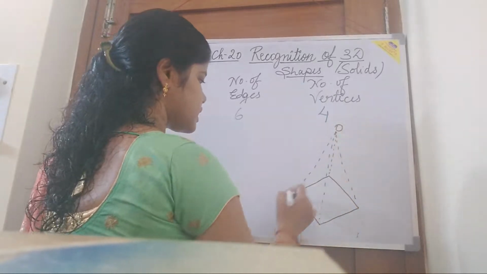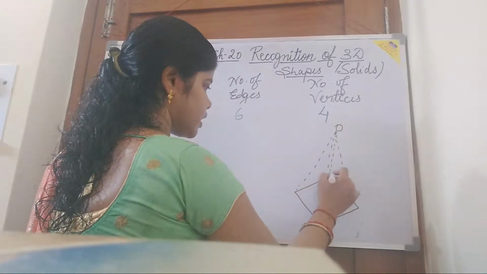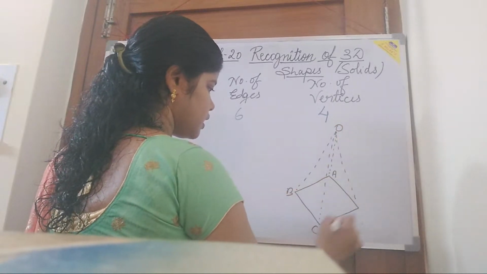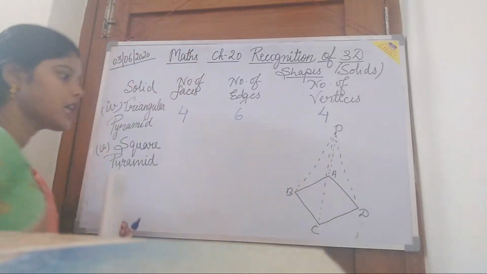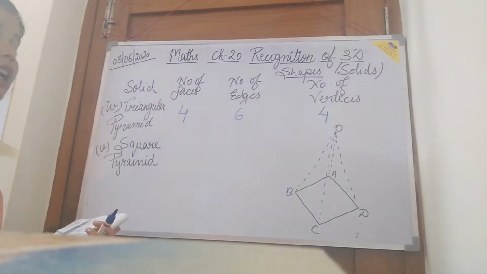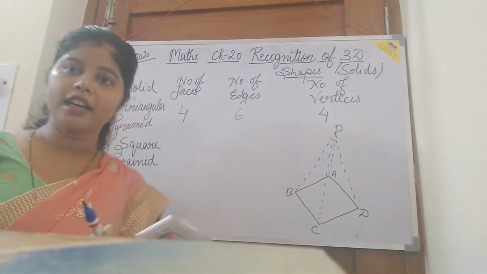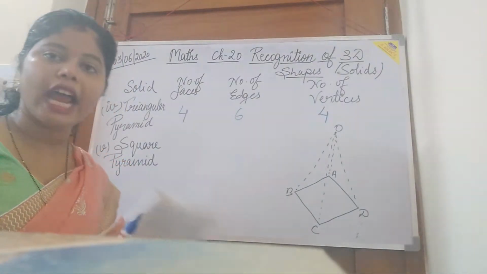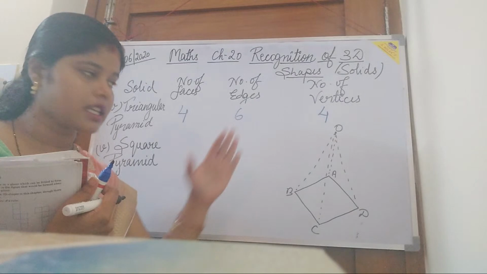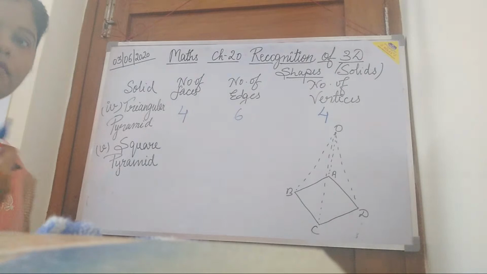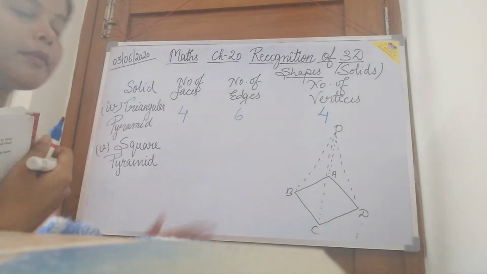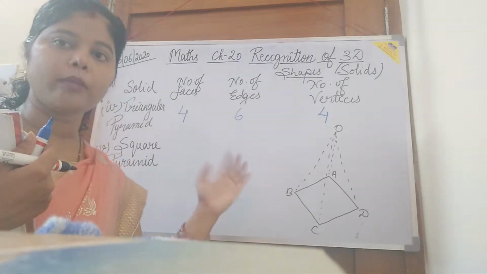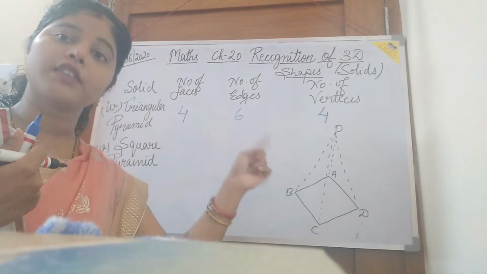Wherever this point meets, that is O, and the rest are A, B, C, D. So the base is a square. This is a square pyramid where the base is a rectilinear figure, which means the base is your square and the side faces are in triangular form.